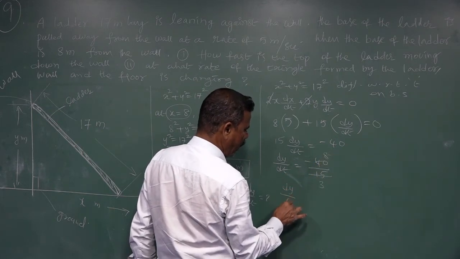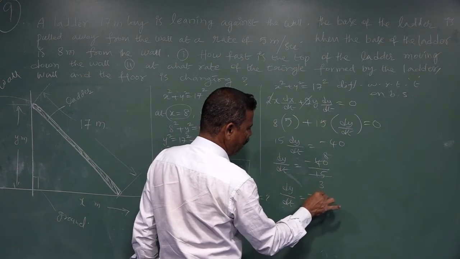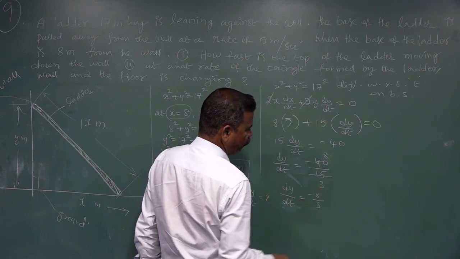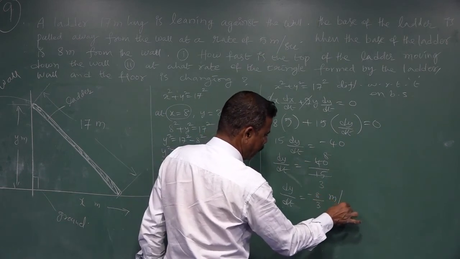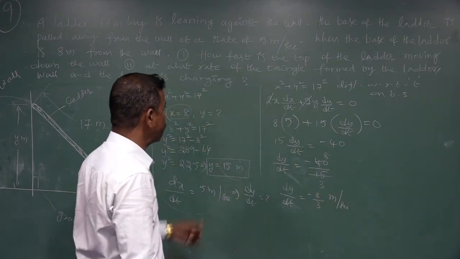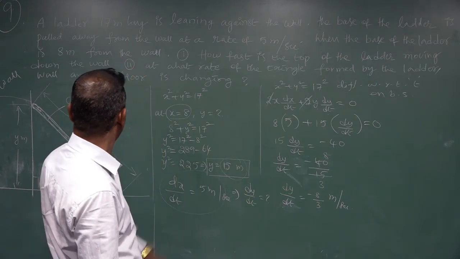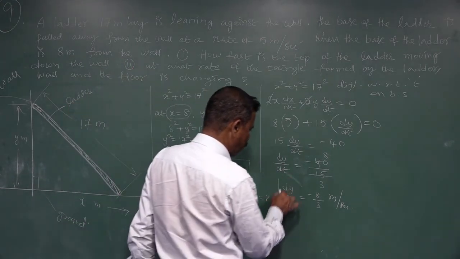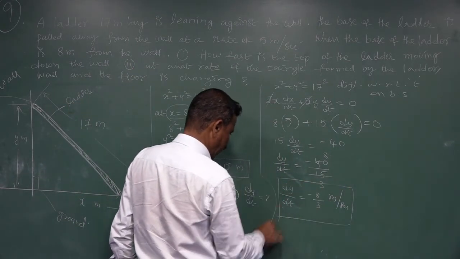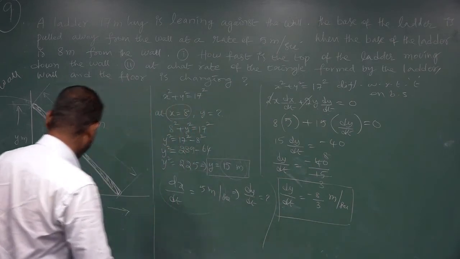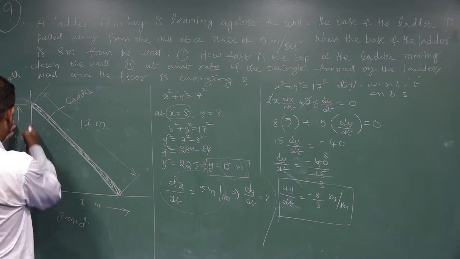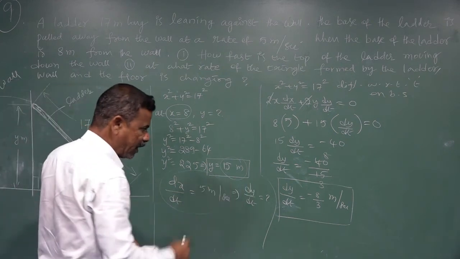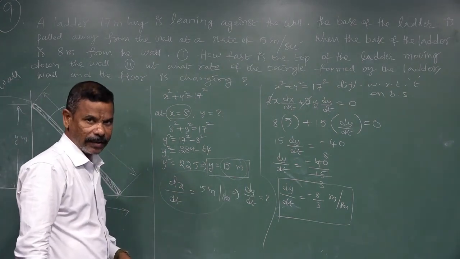So dy by dt value is minus 8 by 3 meters per second, meters per second, not feet. So if x is increasing at a rate of 5 meters per second, then y is decreasing at a rate of minus 8 by 3 meters per second.